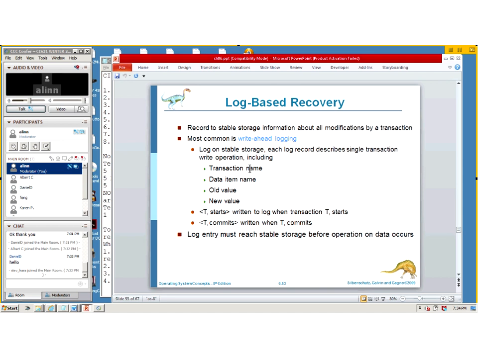So you have the transaction name, the data item that you're dealing with, the old value, the new value. And then you start the log when the transaction T starts, and then you commit it when it hits the commit mark. I think Windows uses commit-type logic for its recovery.